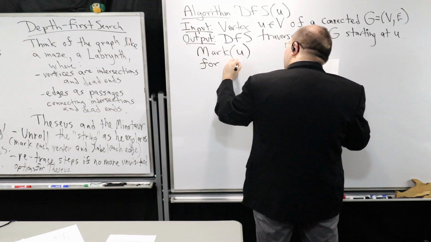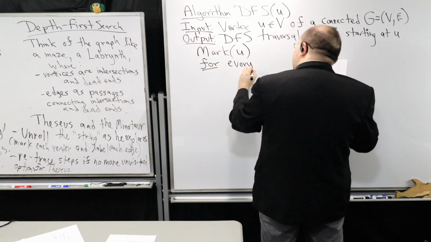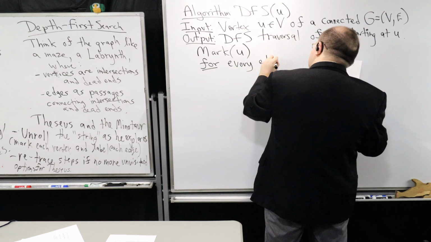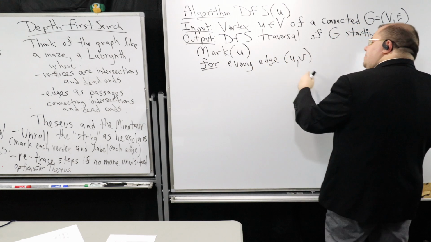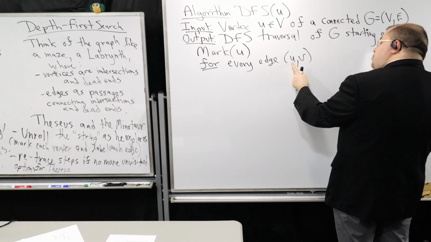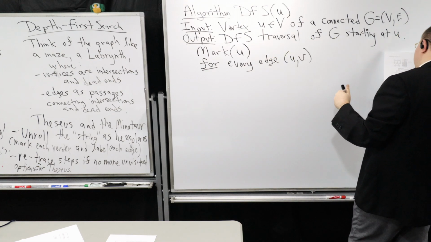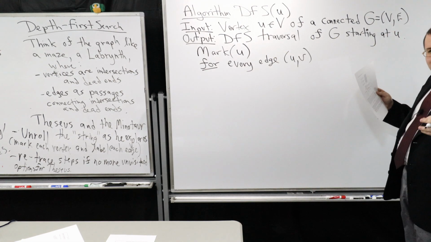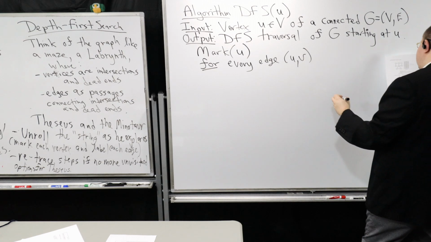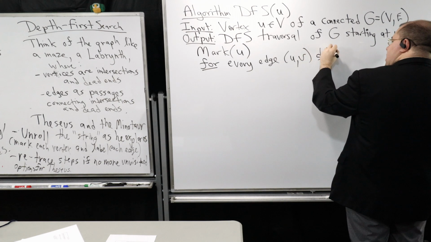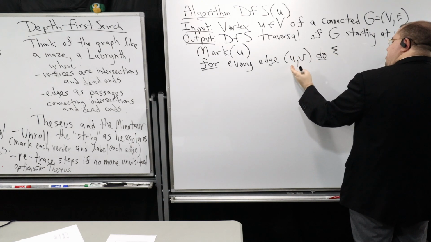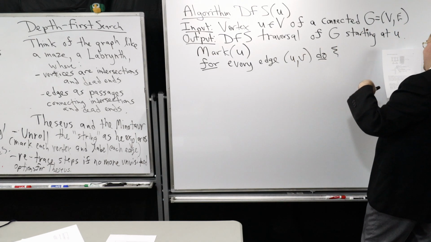And then for every edge UV, I'm going to look through all the incident edges of vertex U. I'm not going through every edge of the graph. I'm only going through the incident edges on U. So for every edge where U is one of the endpoints, we're going to do the following.